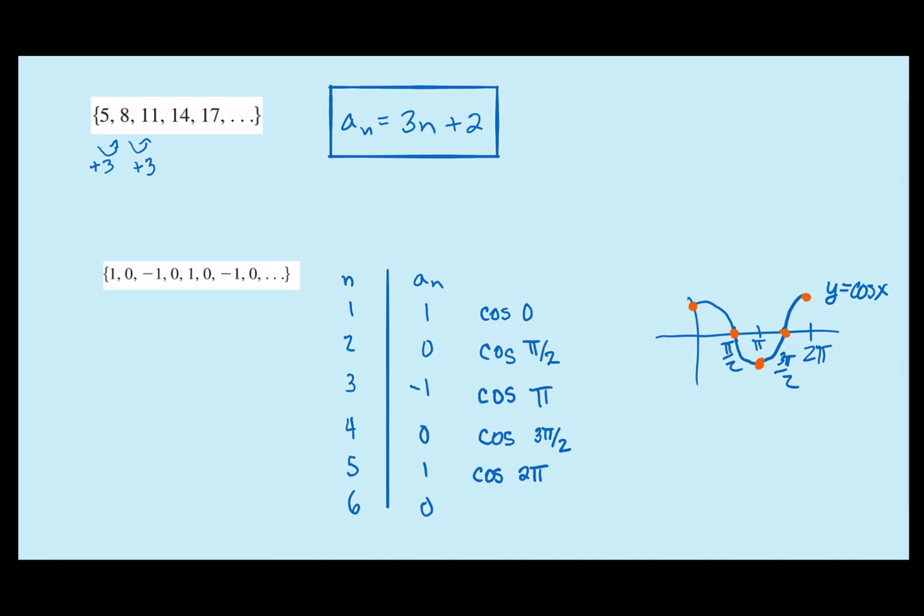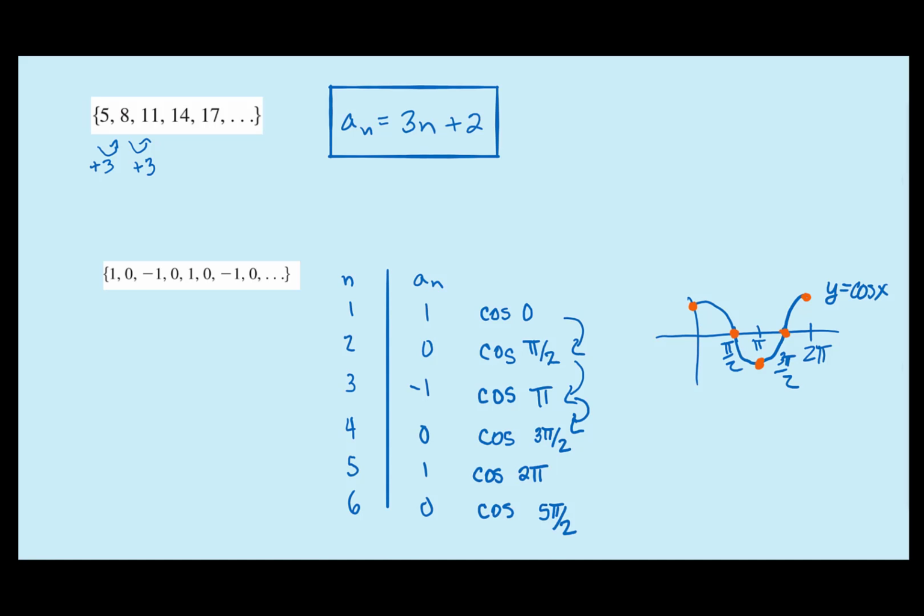The next one, it's really just the angles that we're changing. And it looks like each angle is going up by pi over 2. So 2 pi plus pi over 2 is 5 pi over 2. How do we relate the angle to n? If every angle is going up by pi over 2, again, it's like a linear function, pi over 2 times n.